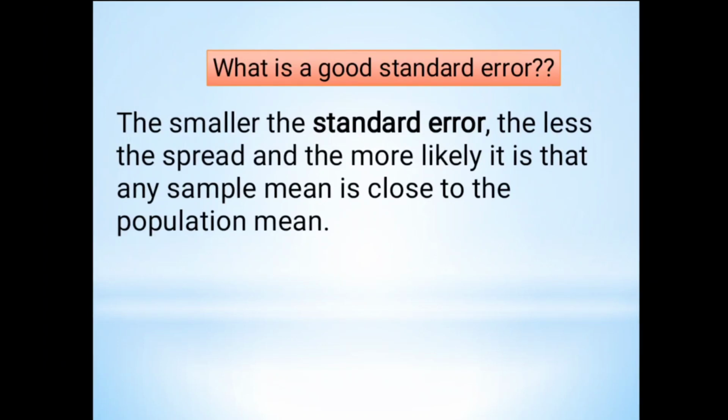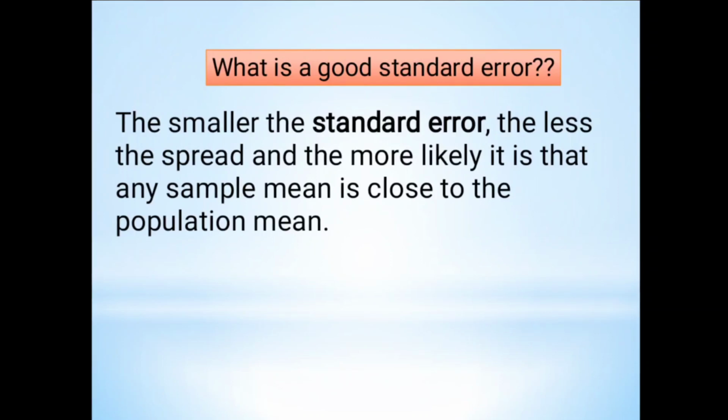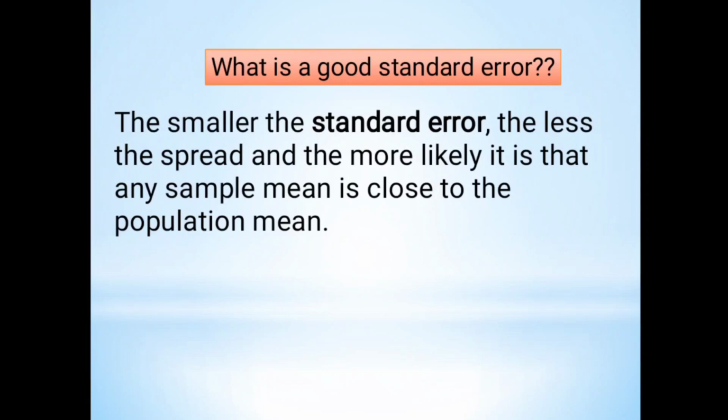What is a good standard error? The smaller the standard error, the less the spread and the more likely it is that any sample mean is close to the population mean. Earlier in the central limit theorem, we discussed sample size: if we have a large sample size, our sample mean is close to the population mean.